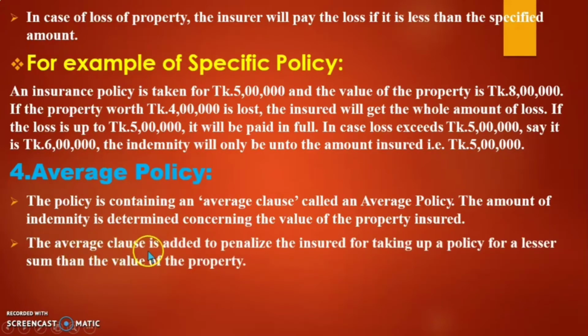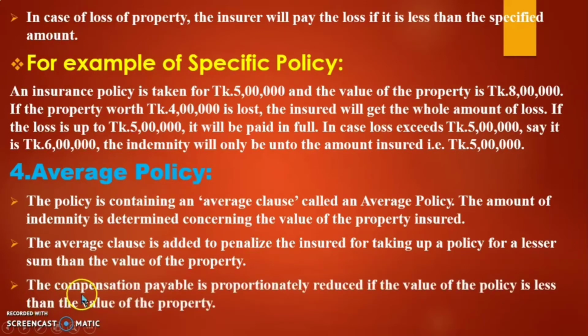The average clause is added to penalize the insured for taking up a policy for a lesser sum than the value of the property. The compensation payment is proportionately reduced if the value of the policy is less than the value of the property.